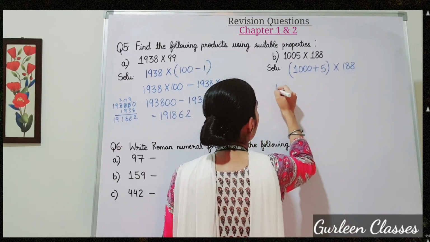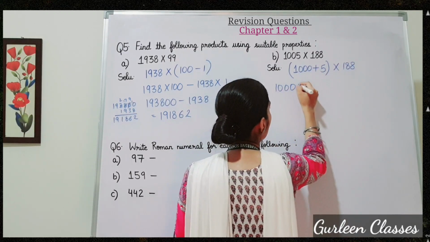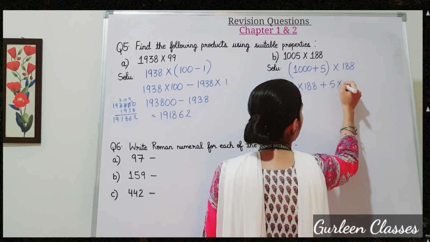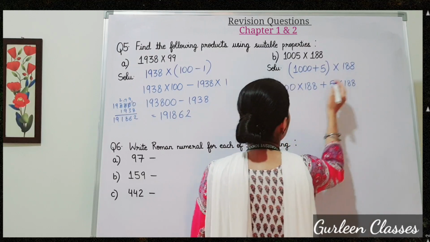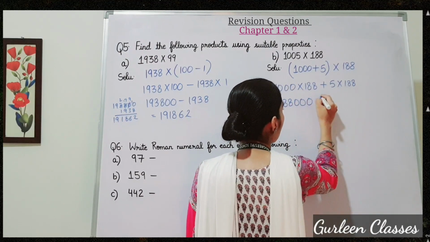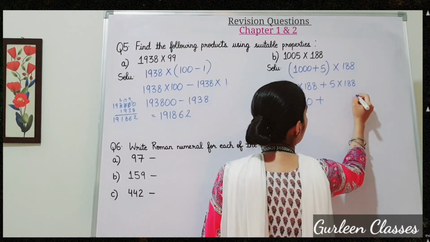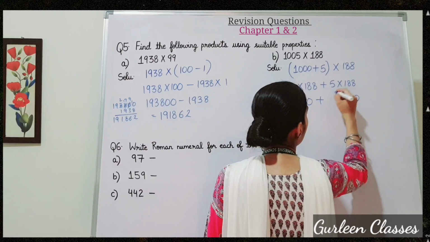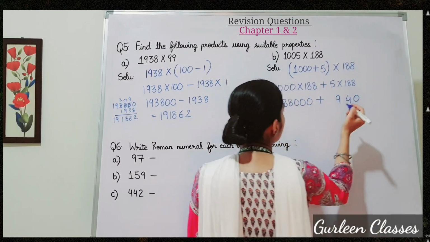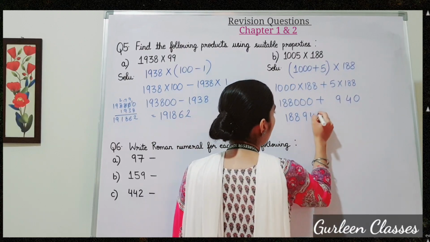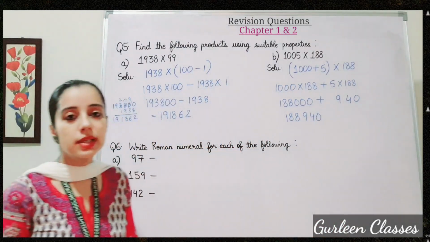Now multiply 1000 into 188 plus 5 into 188. So it is coming 188000 plus 5 8s are 40. 5 8s are 40 plus 4 44. 5 1s are 5 plus 4 9. So right here 188940.